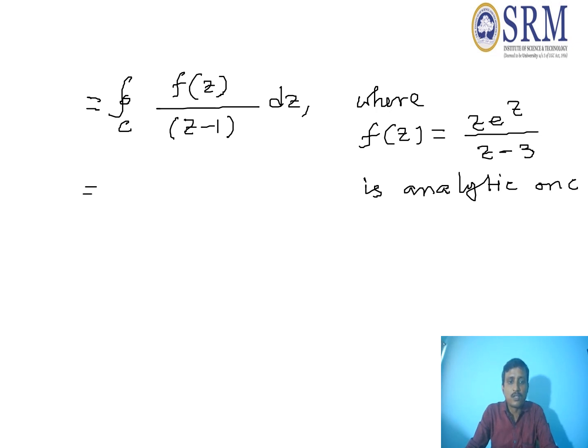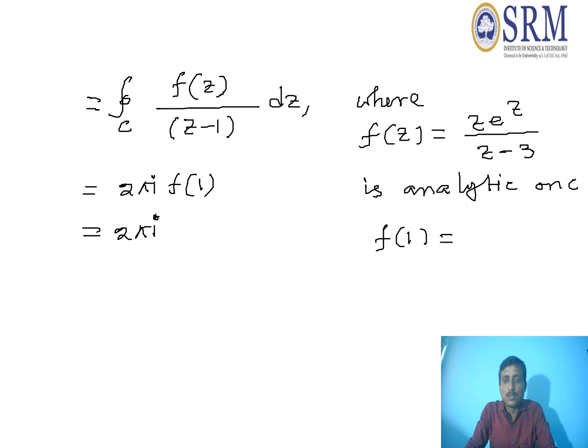Okay, so then by using Cauchy's integral formula, what will we get? It is 2 pi i f of z naught. Z naught is 1. So we will get 2 pi i times f of 1. F(z) is equal to this one. So what is f of 1? f of 1 will be equal to e to the power 1 over (1 minus 3).